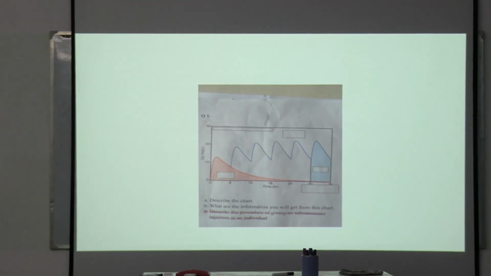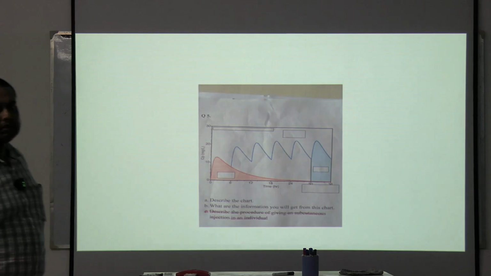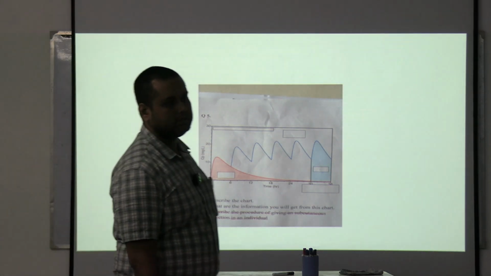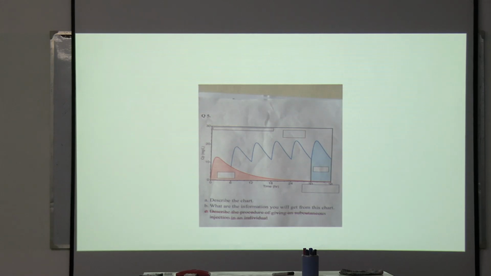So, in this curve, you can see that the plasma concentration is slowly rising until the rate of elimination is equal to the rate of administration. That is the steady state. So where will the sample be taken? There is a crest and there is a trough.